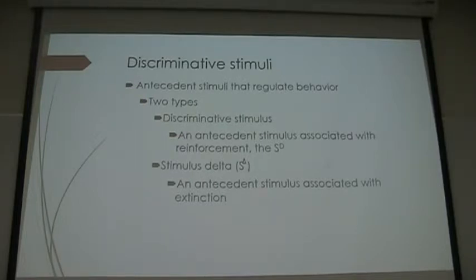Two stimuli, one behavior. In the presence of one stimulus, we're going to reinforce that behavior. In the presence of a different stimulus, we're going to put that behavior on extinction. We're doing discrimination training. The stimuli used in discrimination training are called discriminative stimuli. We have two types. One is called the discriminative stimulus. This is the stimulus that's related to reinforcement.